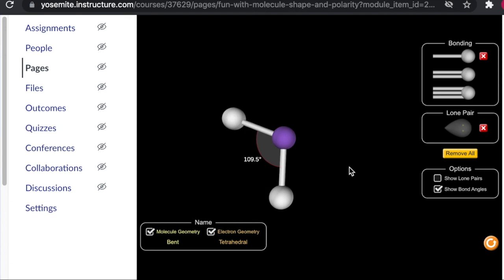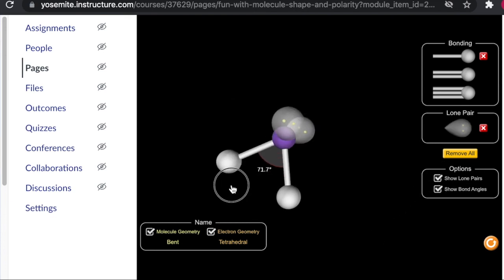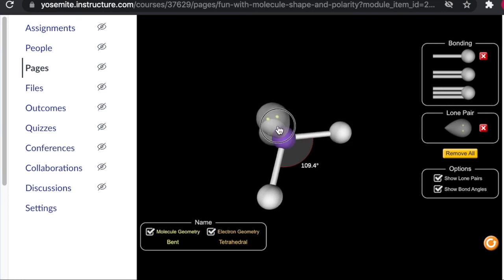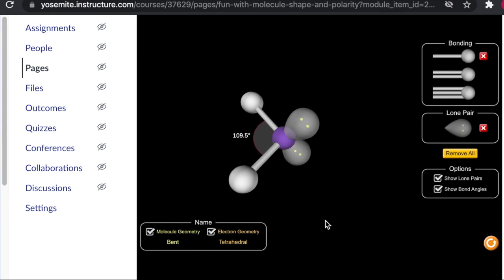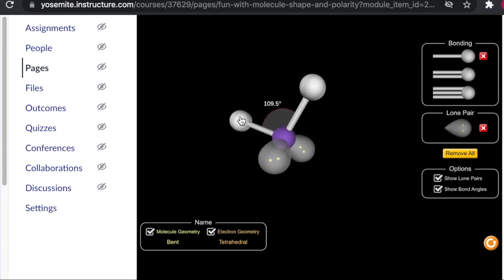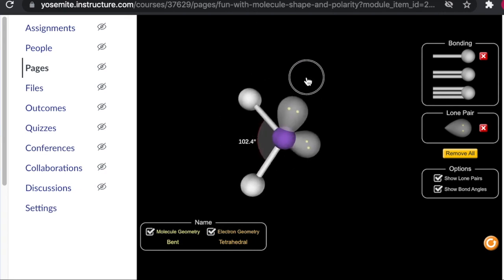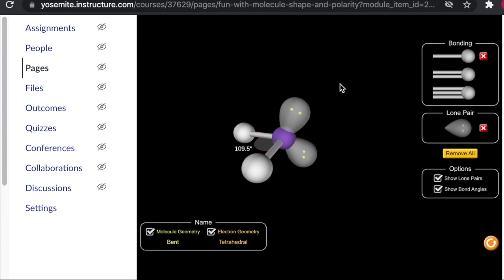It just looks like a bent boomerang shape. So this is pretty fun to play around with, make models of the different molecules and figure out what their shapes are, and sort of see it in three dimensions just because of the movement. I mean, it is a flat screen, but it looks a little bit more real than my drawings probably.